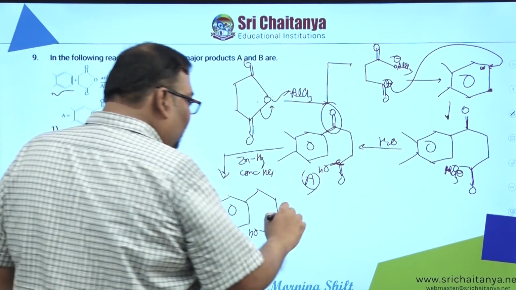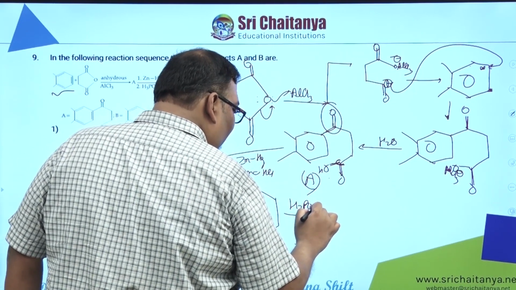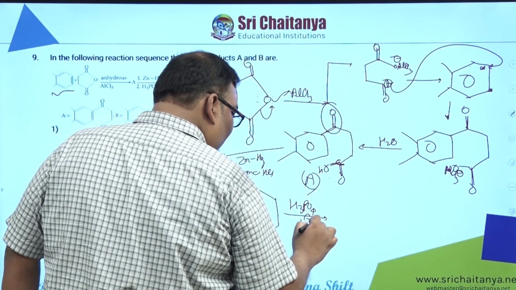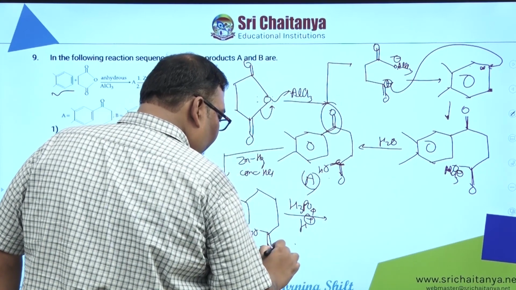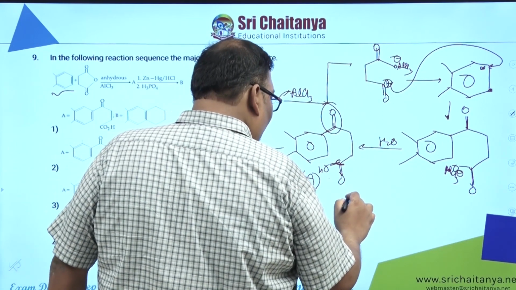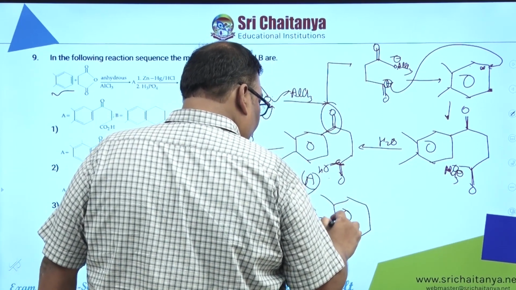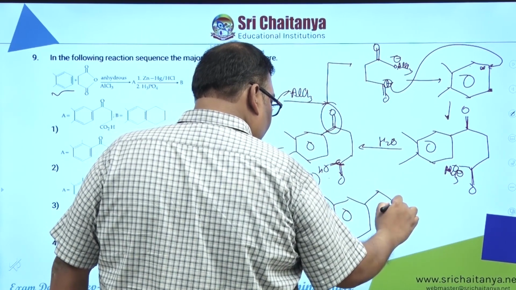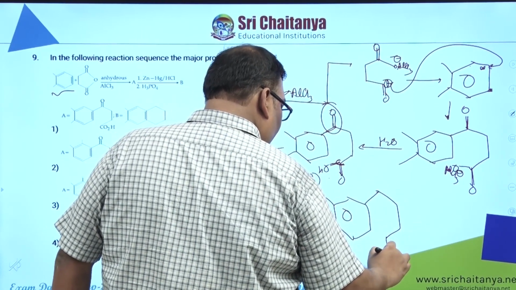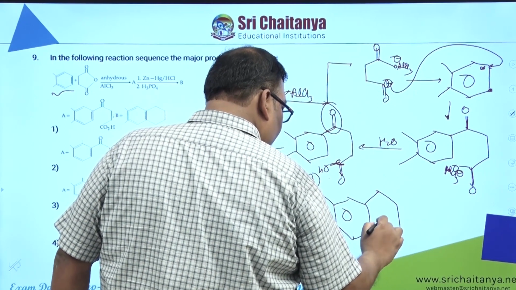Now when you are using H3PO4, H3PO4 is basically a source of H+. This H+ is going to protonate the carbonyl group, so I will be getting another electrophile. You will be getting OH here and a plus charge here.